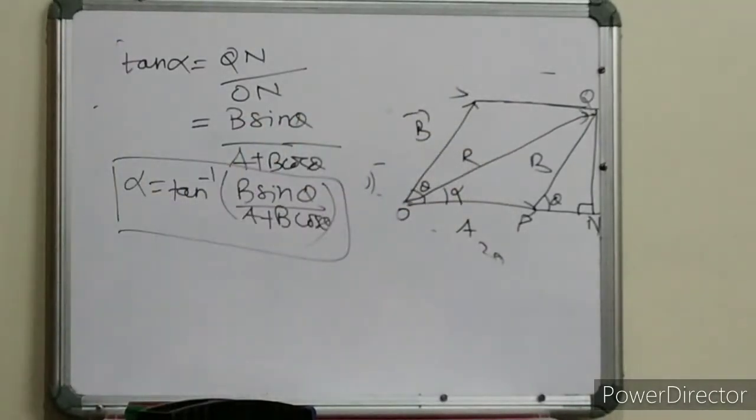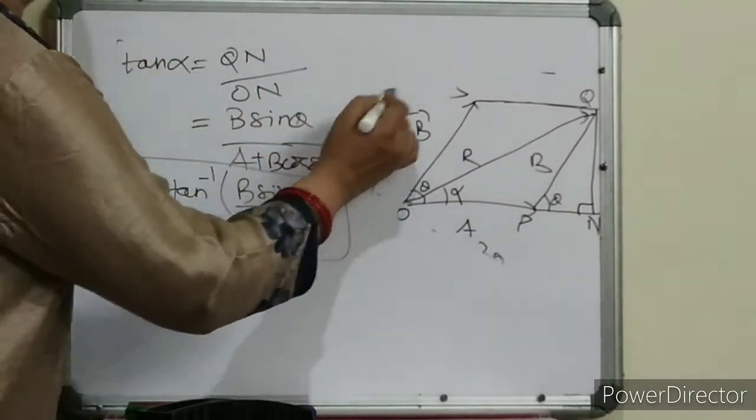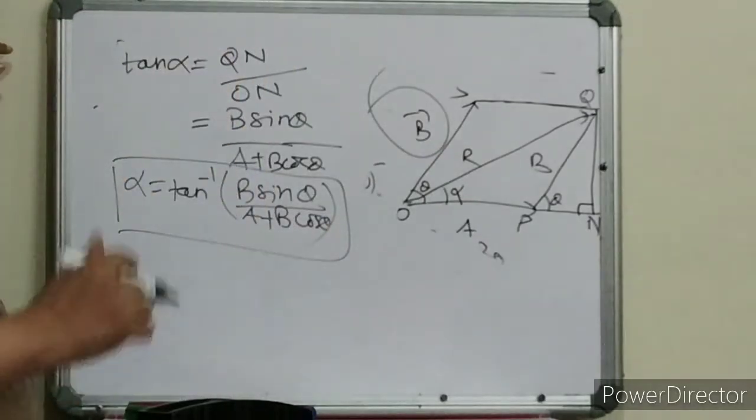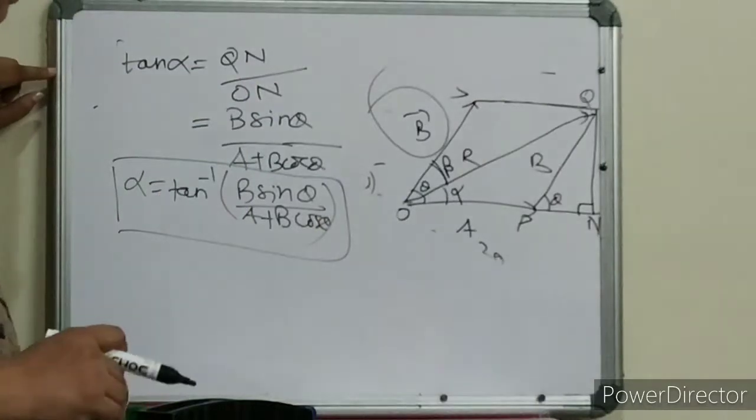Now see, if a question comes asking the direction of the resultant with respect to the B vector, let it be beta, children. So the question can come like this.